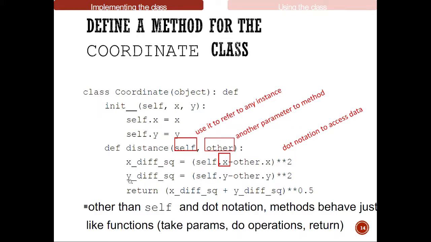Then we also define the value in the y direction: self.y minus other.y raised to the power 2. And then we return the square root of that sum. So basically, other than self and the dot notation, methods behave just like any functions. They take parameters, they do operations, and have a return for that method.